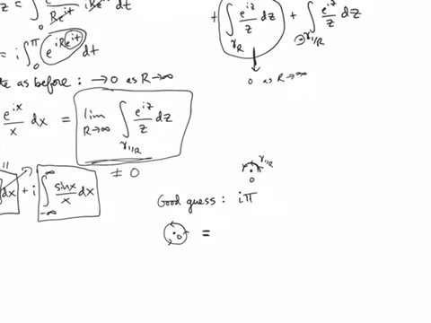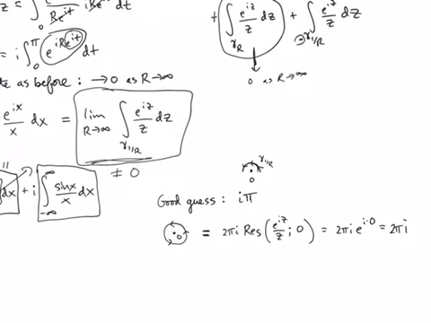That's going to give us 2 pi I times the residue of e to the iz over z at 0. And that's just 2 pi I times e to the I times 0, so that's 2 pi I. So you take the integral around the full circle, you get 2 pi I.